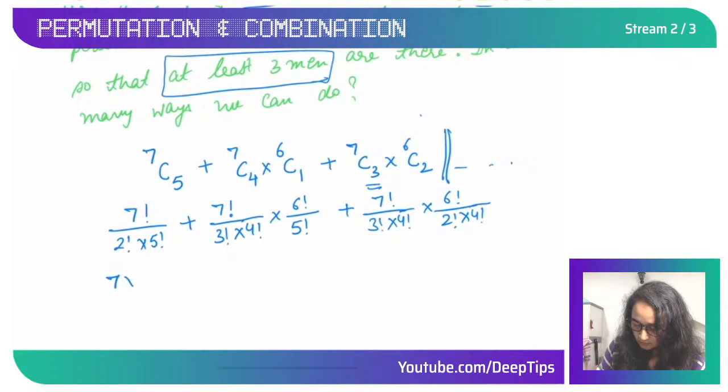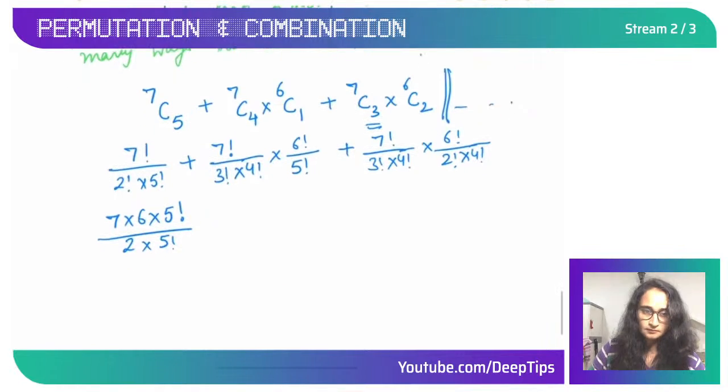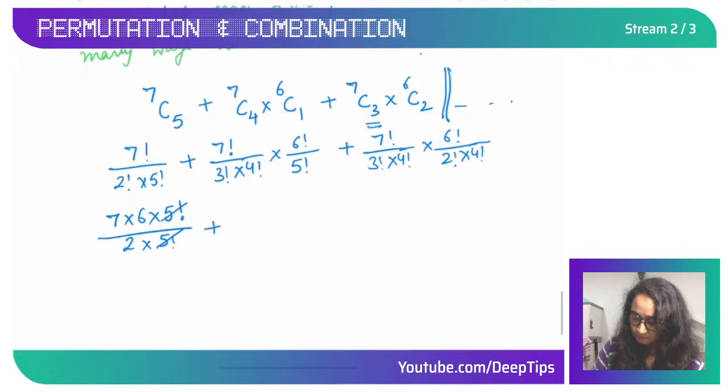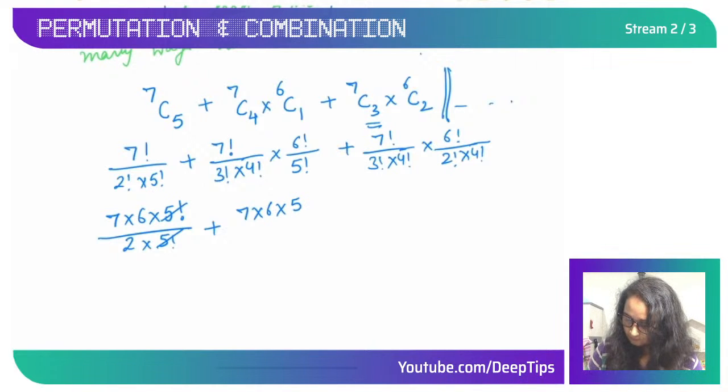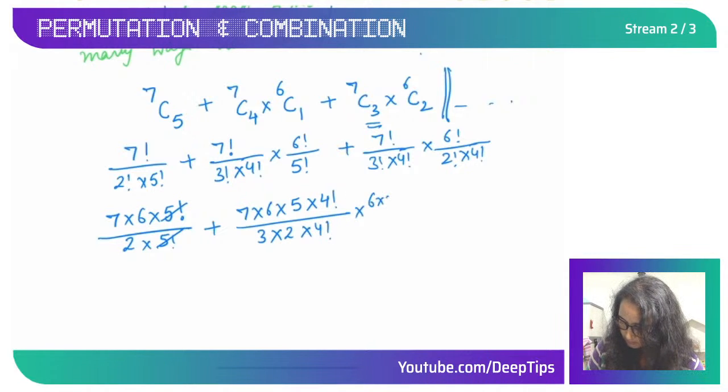So what we can do, 7 into 6 into 5 factorial. I hope you all are calculating with me. So then 7 into 6 into 5 into 4 factorial upon 3 factorial can be written like this, and this is 6 into 5 factorial upon 5 factorial.